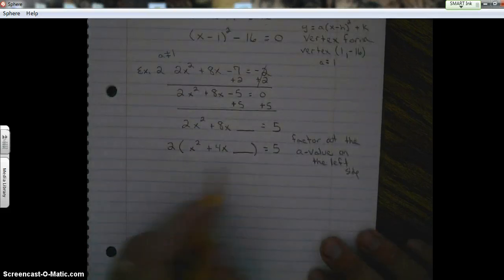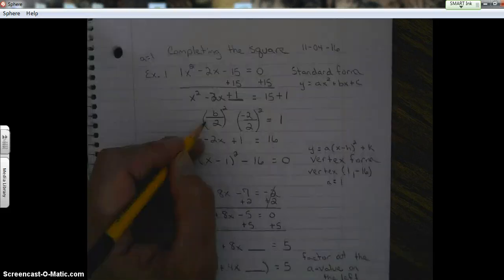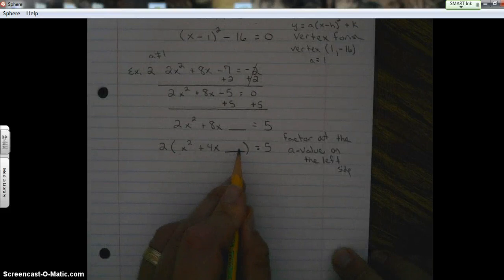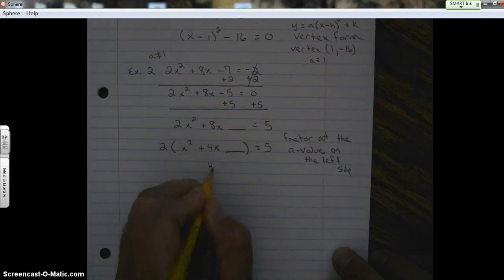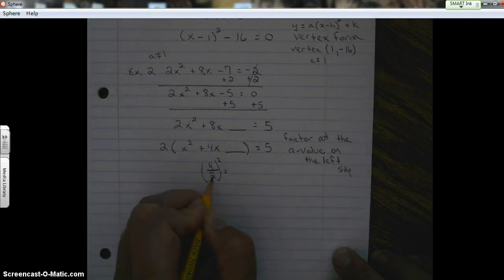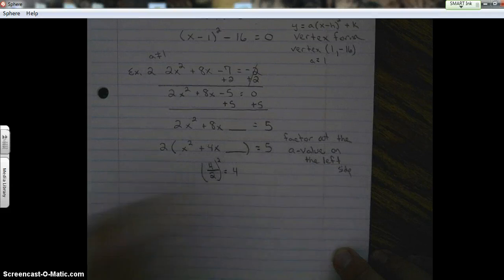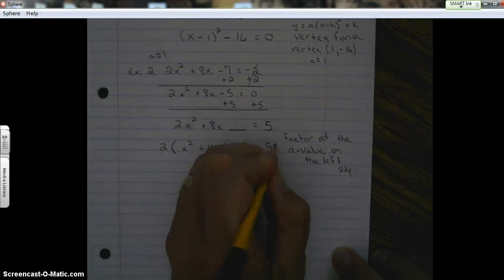Now, we complete the square, so we're going to go back up to this process we did to make a perfect square. We want to know what this number needs to be so that this is going to be a perfect square. So, again, we take the b value, divide it by 2, and we square it. And that's going to be 4 divided by 2 is 2, 2 squared is 4. So we're going to add 4 here, and we're going to add not 4 on the right.